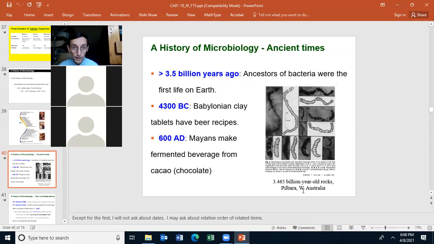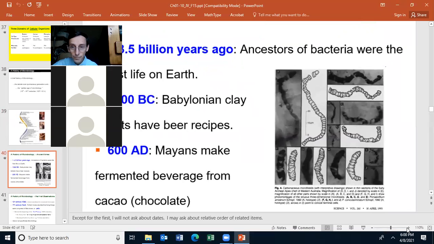So over 3.5 billion years ago, we can find fossil records of ancestors of present-day bacteria, meaning they weren't bacteria back then, they were the ancestors of bacteria. Any question about that? And this picture here is showing you some of the fossils. Not 3.5 billion years, but close to it. This is 3.46 billion years.